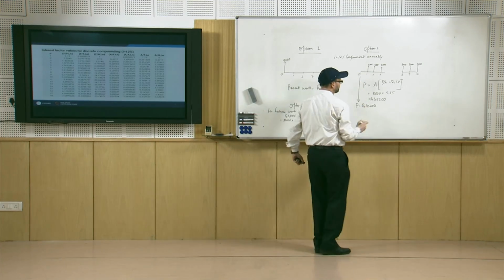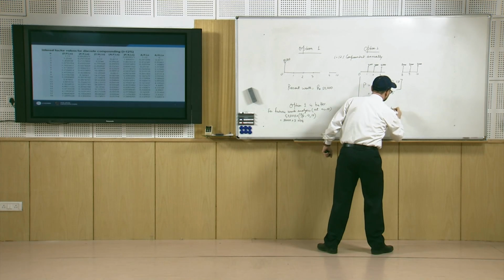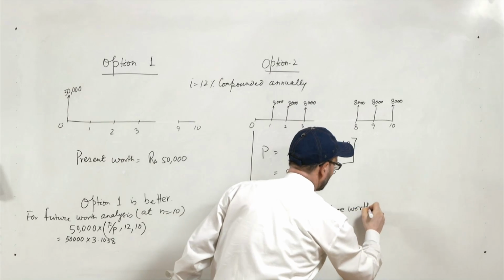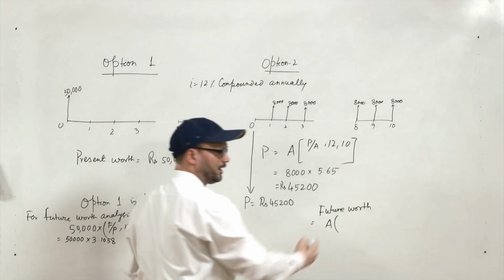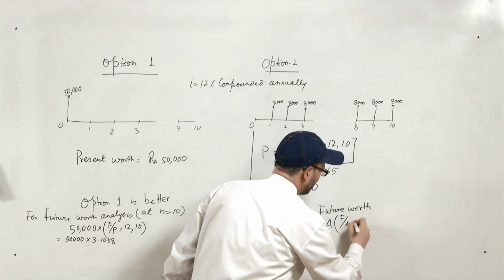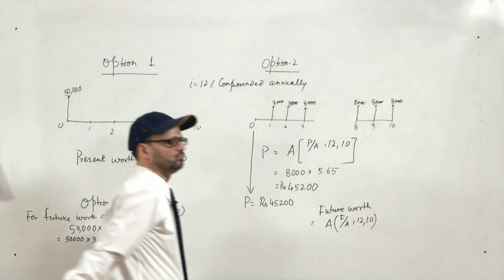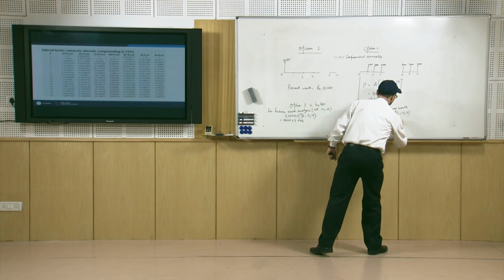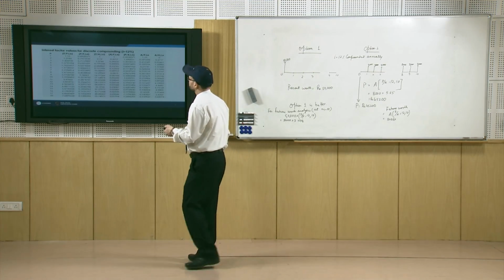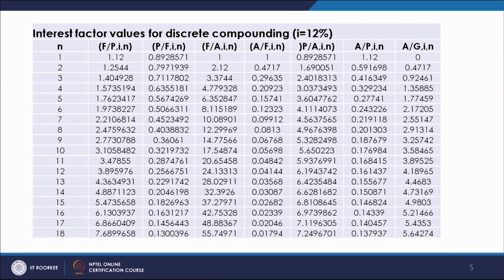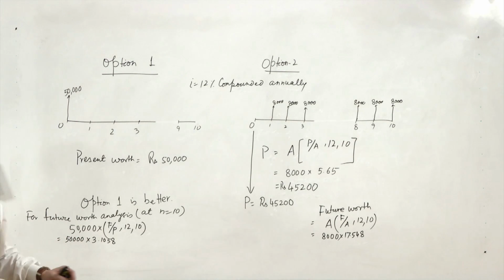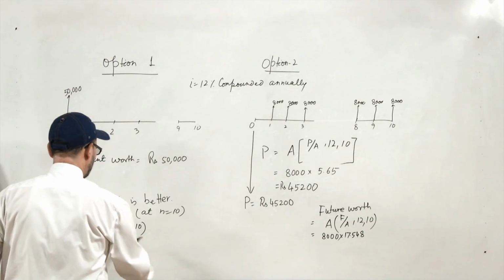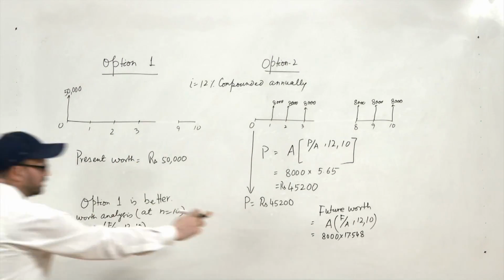Similarly, for option 2 the future worth can be found as A multiplied by F by A 12 10. So, this will be 8000 multiplied by F by A 12 10, and we will come here, this is 17.548, and after calculation you can see that this one is more than this amount.